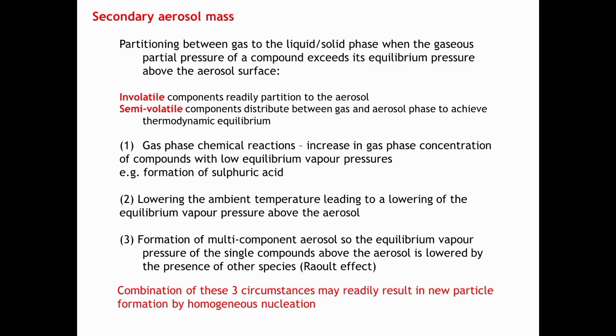So involatile components readily partition to the aerosol. So how do you get involatile components as gases? We've already said that involatile components want to be liquids or solids. So how do we get things that want to turn into particles?